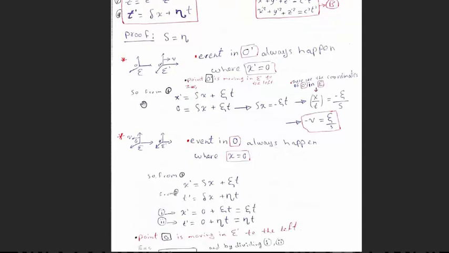So let's refer back to when an event in O dash, which is the origin of frame sigma dash, always happens where x dash equals 0. It's okay because it's happening at the origin. So x dash must equal 0 because we are in the origin.